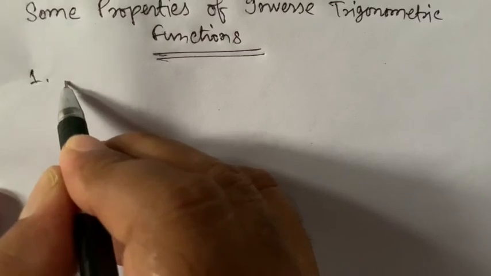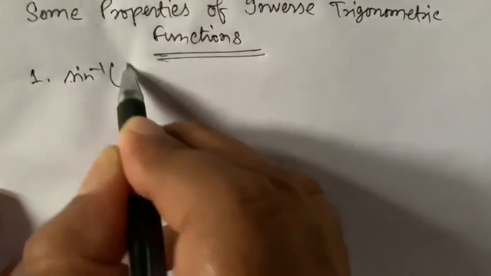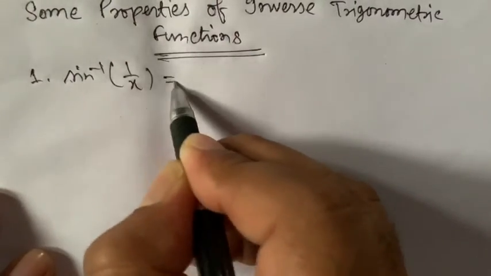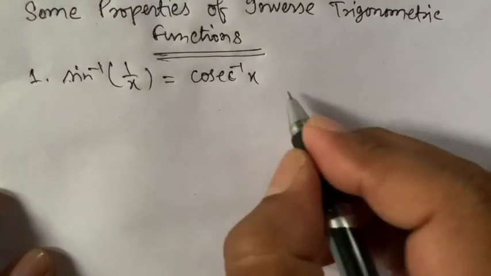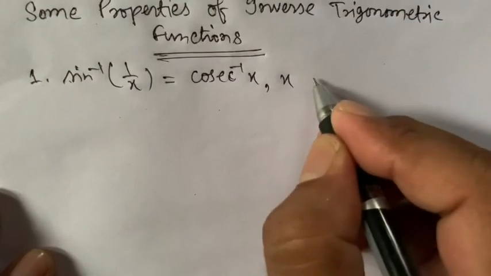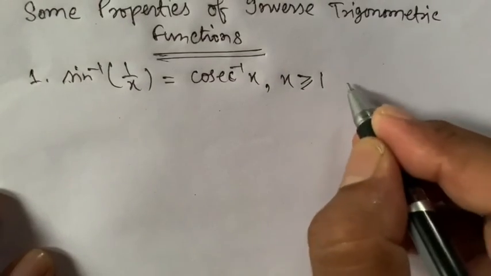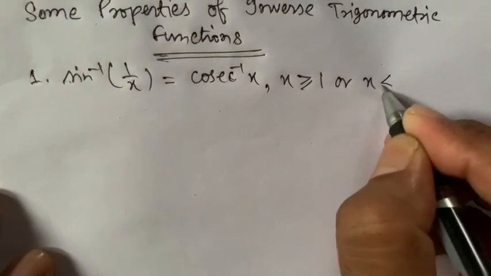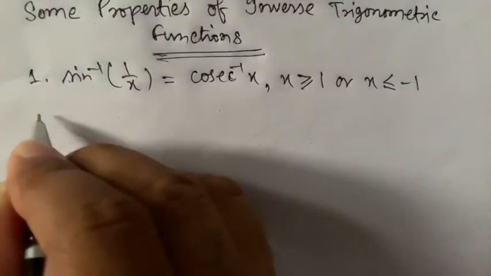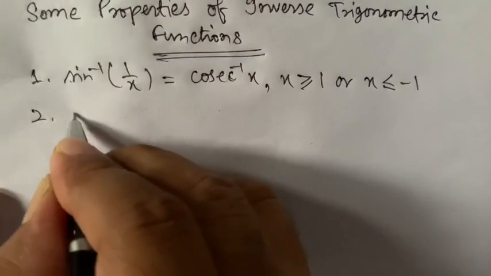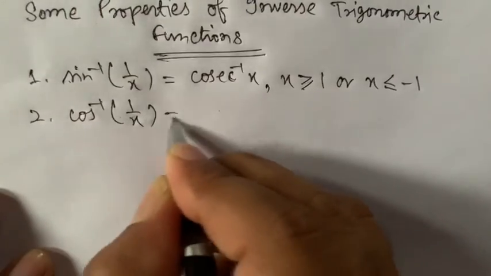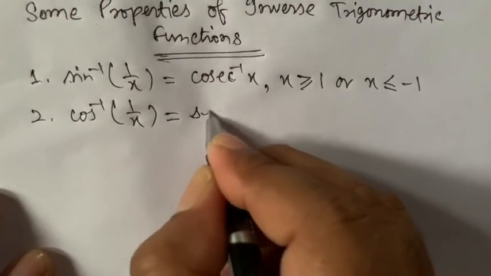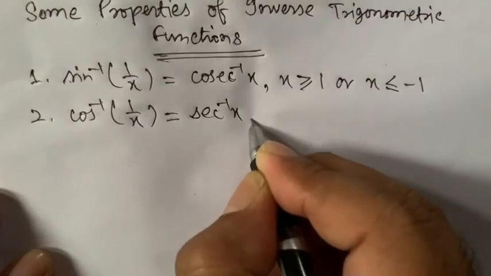sine inverse of 1 by x is equal to cosec inverse of x, and x should be greater than equal to 1 or x should be less than equal to minus 1. Second property is cos inverse of 1 by x is equal to sec inverse of x.